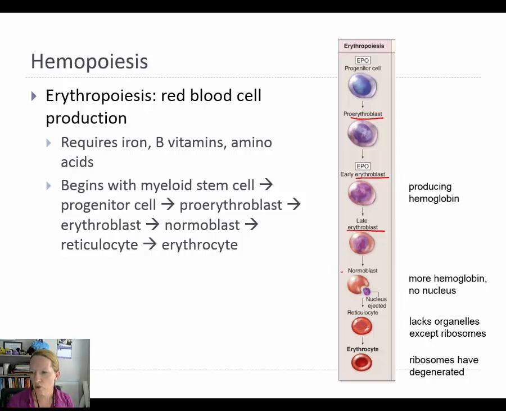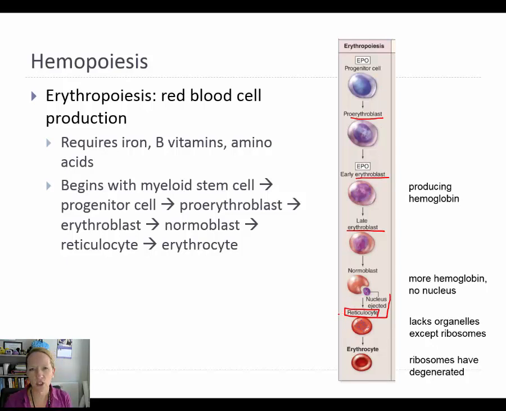Eventually it turns into this normoblast, more hemoglobin, and this normoblast is actually going to spit out that nucleus. Don't need that nucleus anymore, and we'll talk about that later on. That turns into something called a reticulocyte. This is the point where it enters circulation. All of these are in the bone marrow.